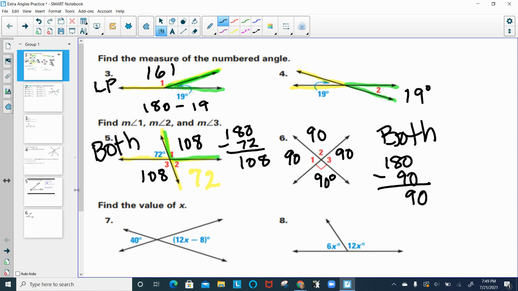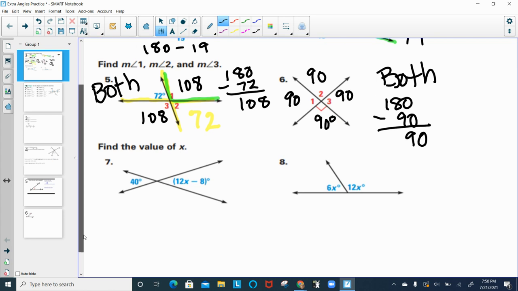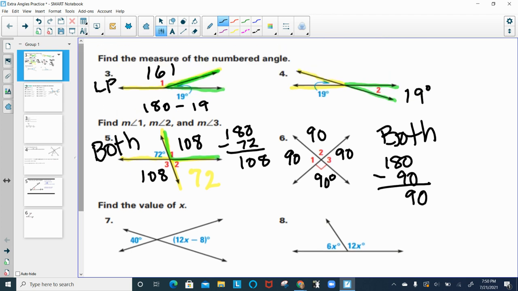Okay, now down here in 7 and 8, similar but different problems because they're asking us to find x. So what I'm going to do is go, okay, what kind of angles do I have first? So here I'm looking at the 40 and the 12x minus 8. Those look like number 4. Those are vertical. And I didn't write vertical angles here.